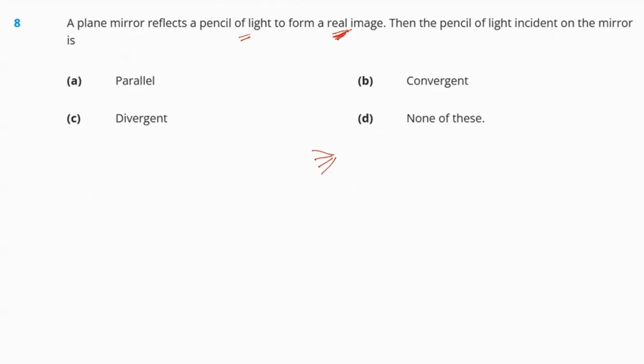A beam of light is a group of light rays, coming as parallel lines basically, and we call it the pencil of light. There are three types: convergent, divergent and parallel. In convergent, when the light is falling through like this on a plane mirror, the image formed here would be the real image.